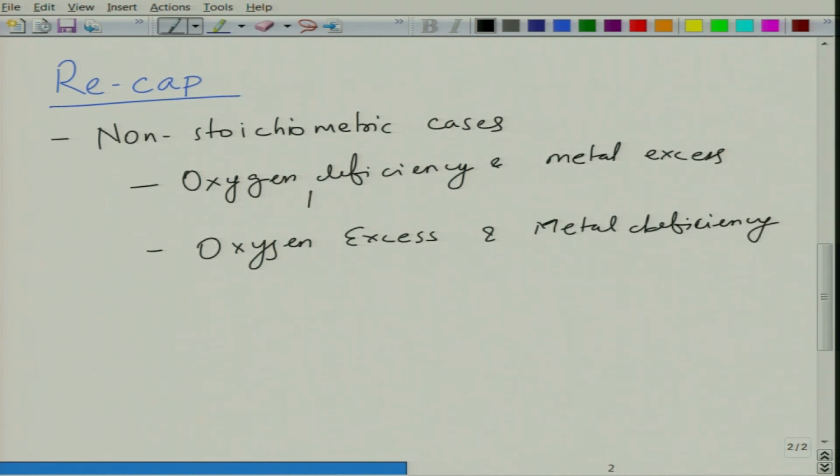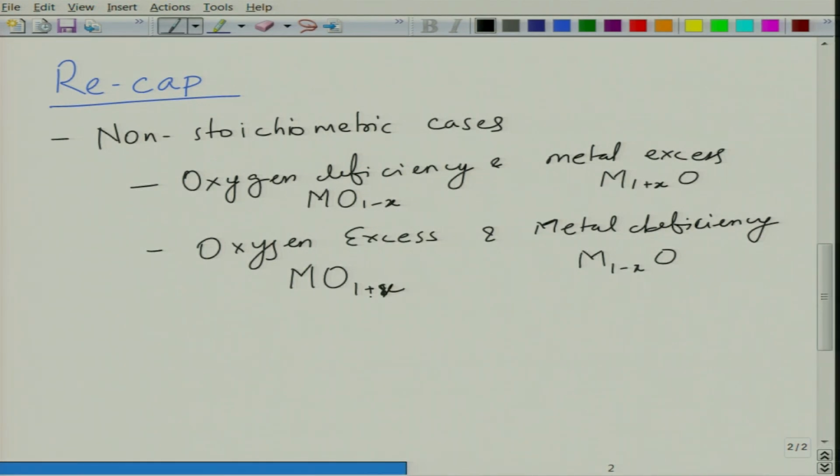So, the first one can be denoted as MO1 minus X, this could be M1 plus XO, this could be MO1 plus X, and this could be M1 minus XO.